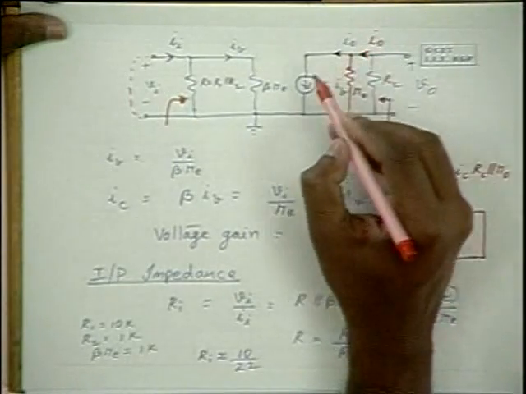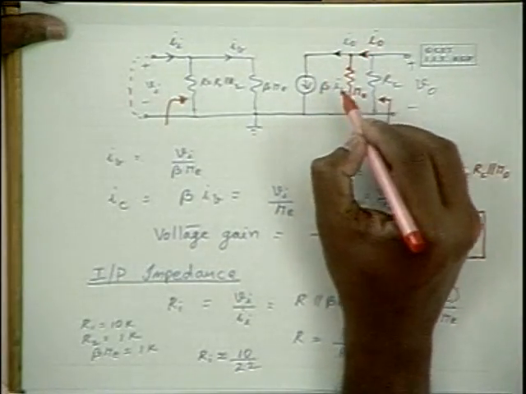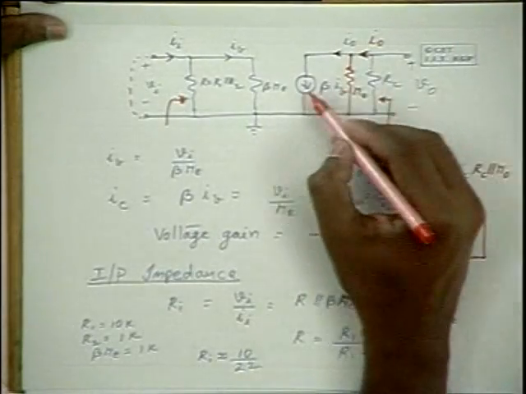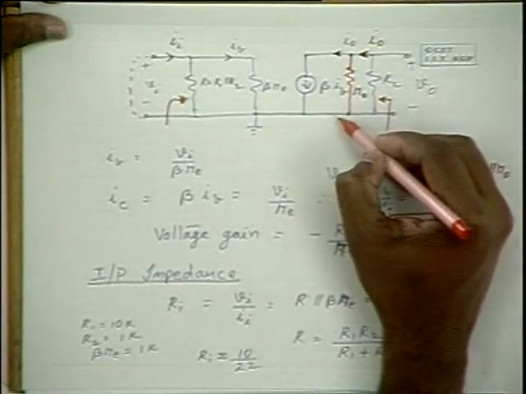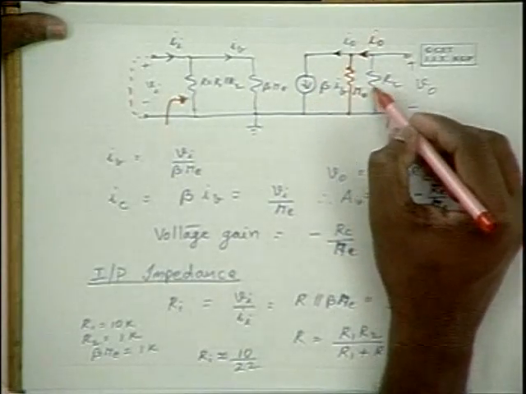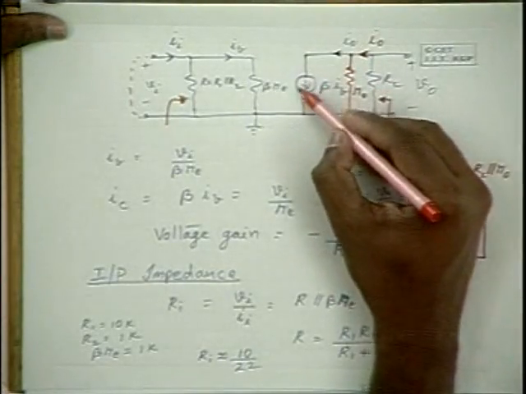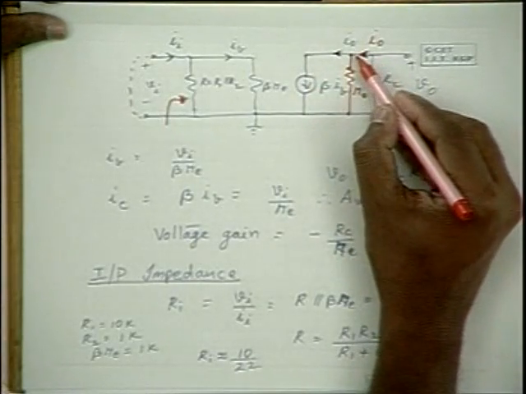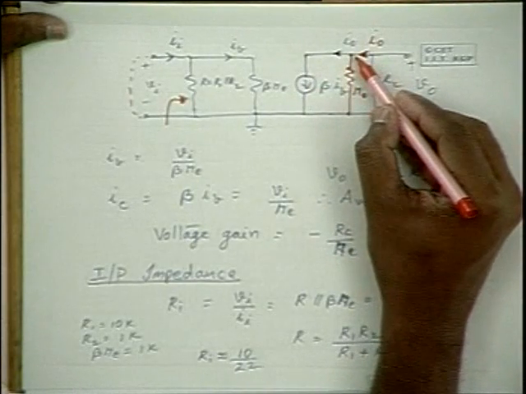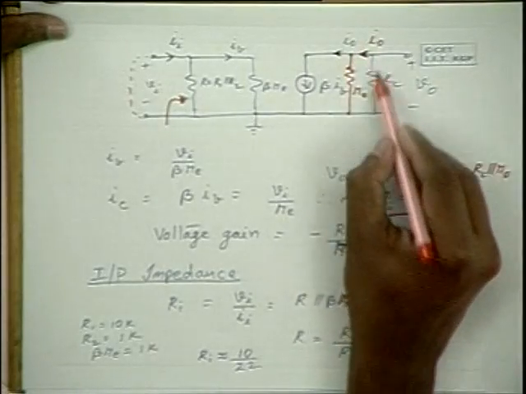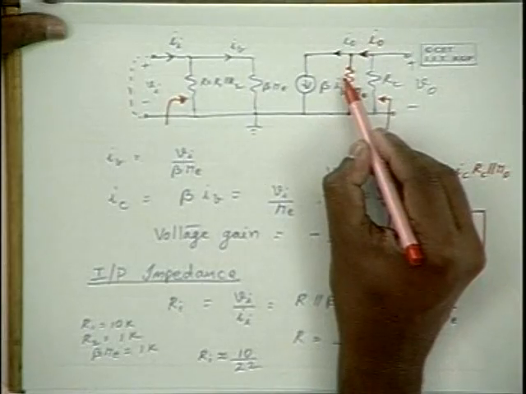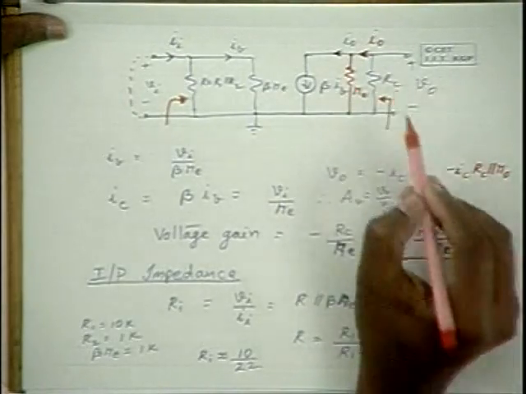So this I naught is a fraction of beta IB, because beta IB gets divided between R naught and RC, and the part of the current that flows through RC makes our I naught. Therefore, this I naught is beta IB multiplied by R naught divided by R naught plus RC.